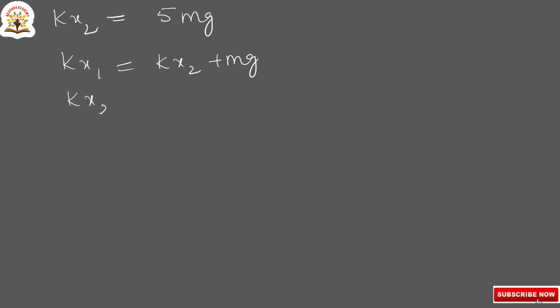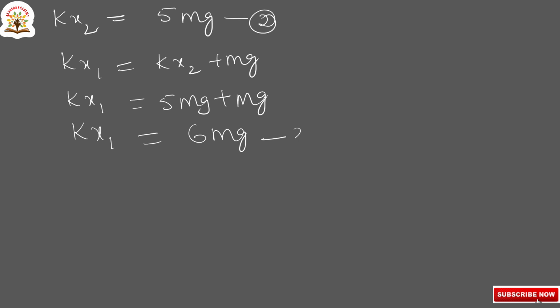Next, kx1 is equal to kx2 plus mg. Substituting the kx2 value in this equation, we get kx1 is equal to 5mg plus mg, so kx1 is equal to 6mg. This is equation number 3, and the previous one is equation number 2.